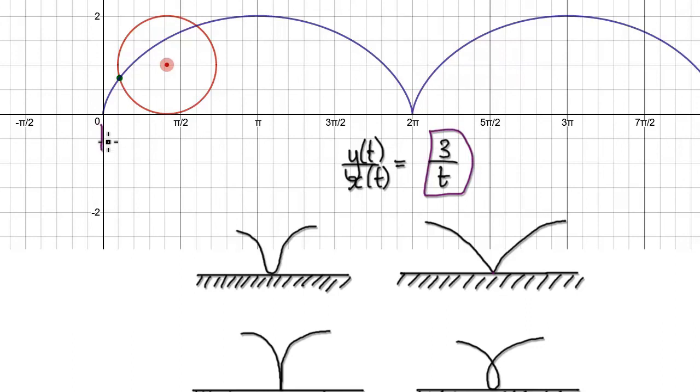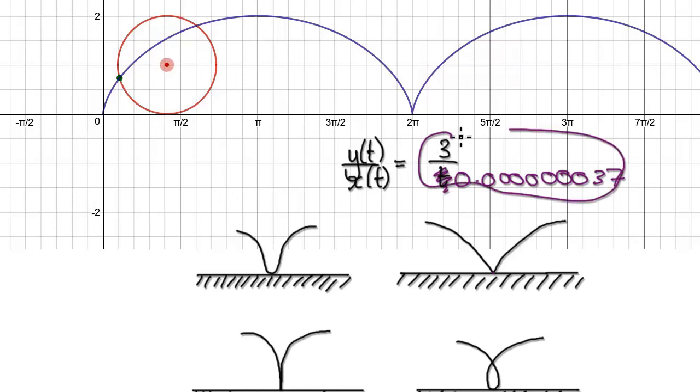So when t is near 0, when t is approximately 0, look what happens here. When t is near 0, so imagine this number to be 0.00037 here. This whole number here would be massive. So you know the gradient would be really high, really steep.